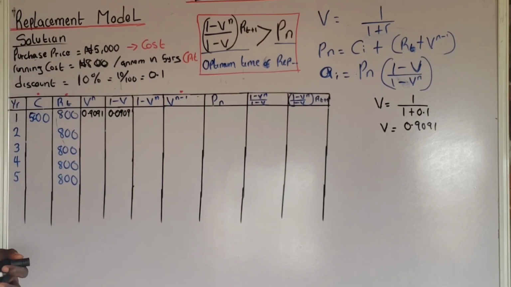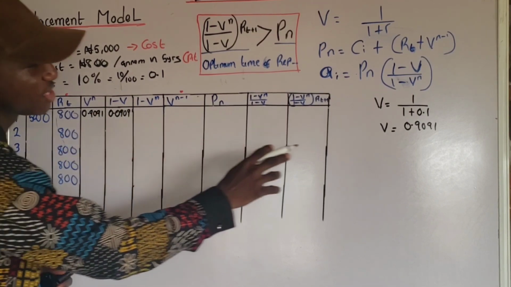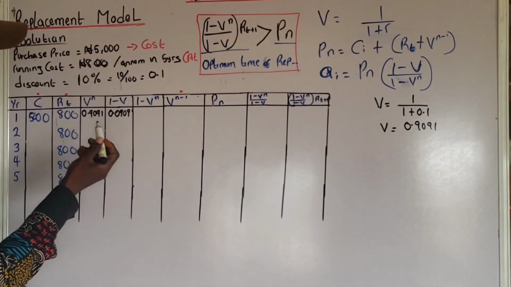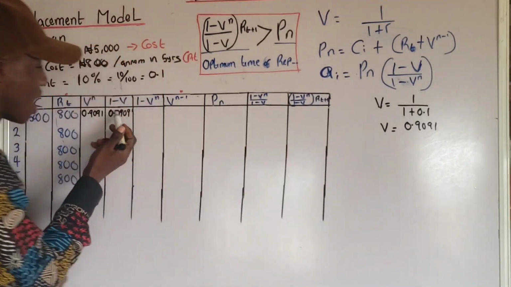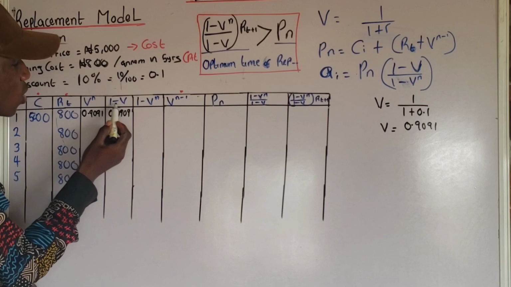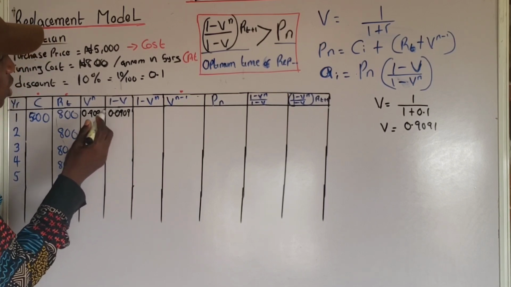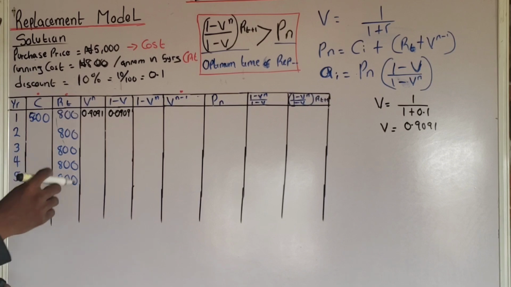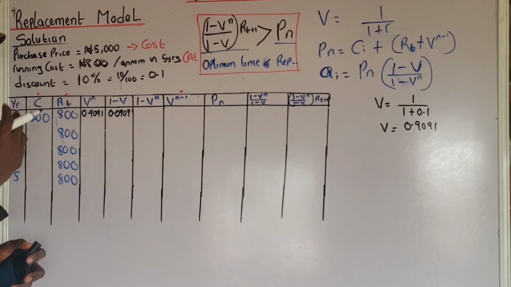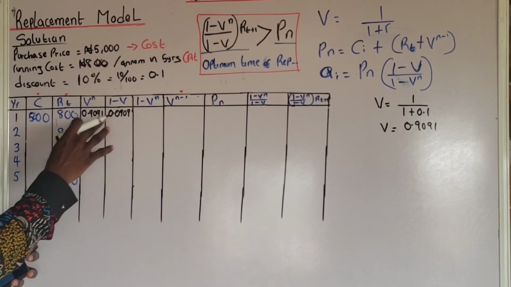Listen to the explanation again. According to this column, it is 1 minus V, and V is 0.9091. So if you subtract 0.9091 from 1, you're going to have 0.0909.